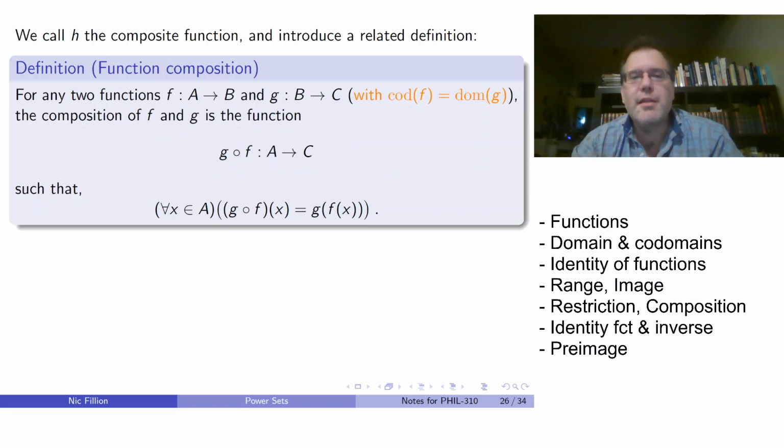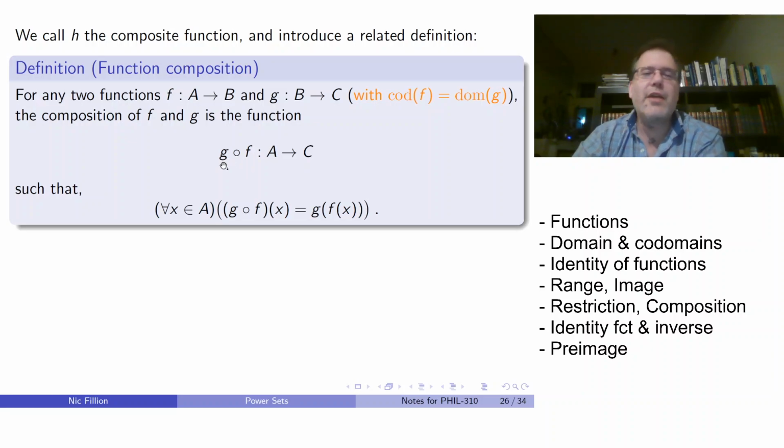That repeated process is so important that we're going to introduce a name for it, which is function composition, and we're going to have a little notation for it. So if we have two functions, one from A to B and one from B to C, and it's important that the codomain of f matches the domain of g, the net result is what we're going to call the composition of f and g, which is denoted g circle f, and it's a small circle.